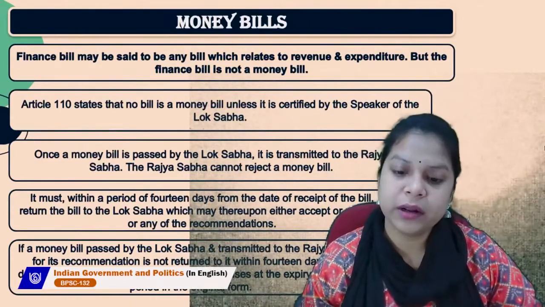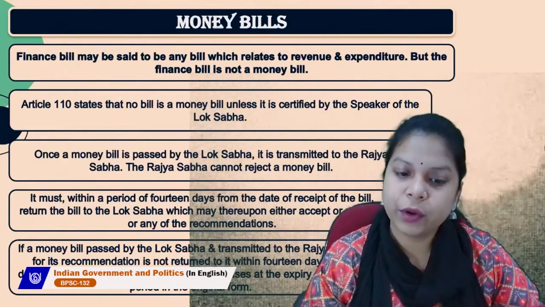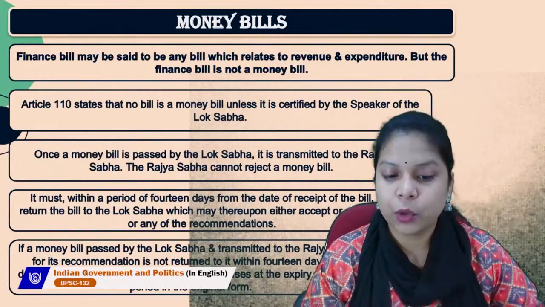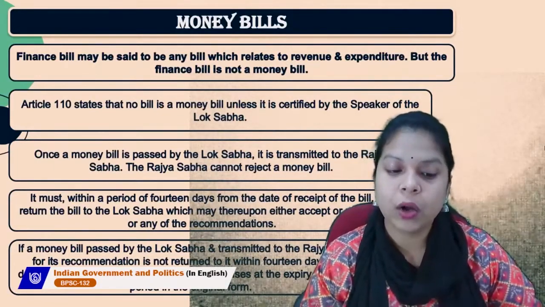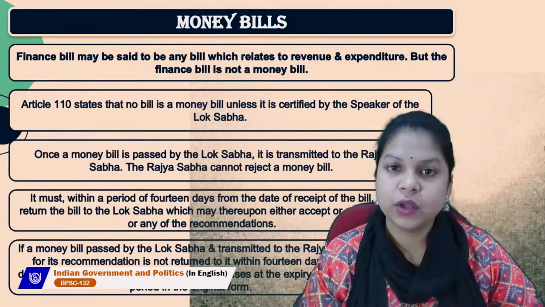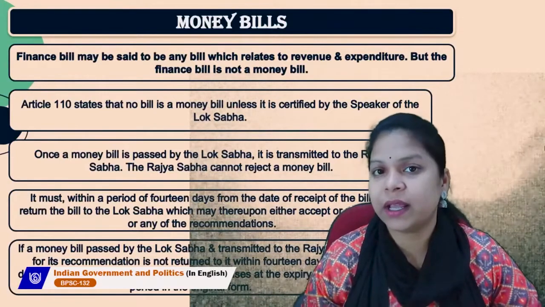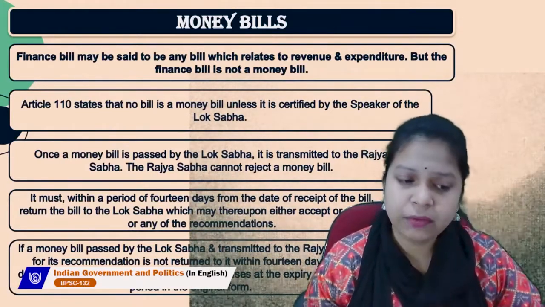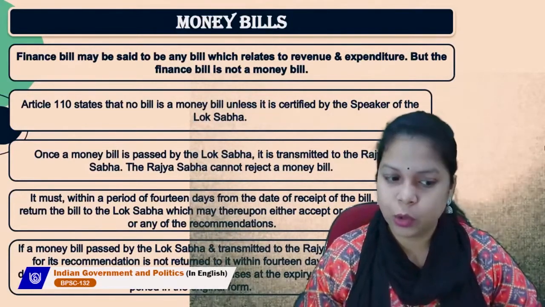It must, within a period of 14 days from the date of receipt of the bill, return the bill to the Lok Sabha, which may thereupon either accept or reject all or any of the recommendations. So Rajya Sabha can make recommendations, and it depends on the Lok Sabha whether it accepts them or not. So within 14 days, the Rajya Sabha should return the money bill to the Lok Sabha.